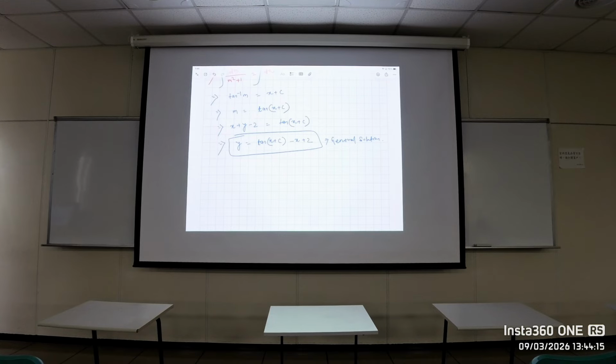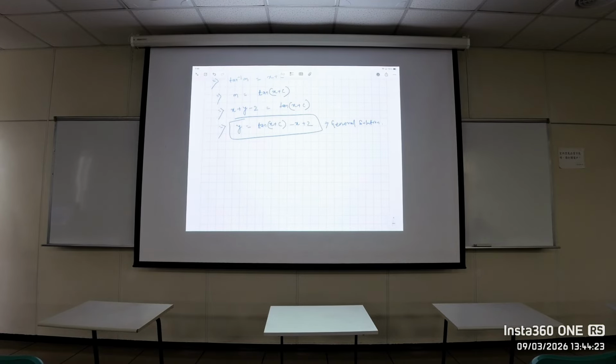Now you have to put the initial values. What is the initial value? The initial value here is y0 is equal to 2. That means x is equal to 0, y is equal to 2.